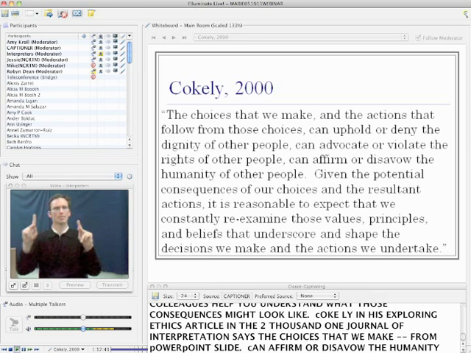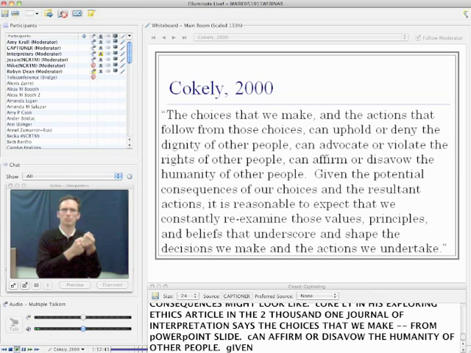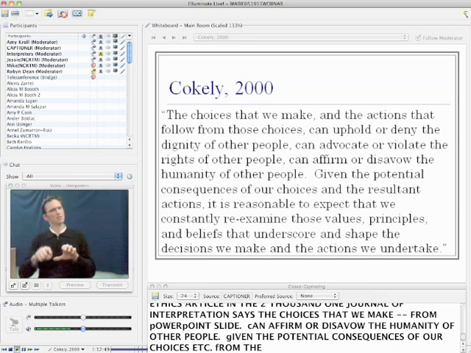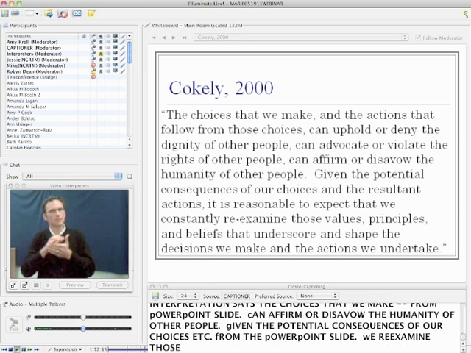Given the potential consequences of our choices and the resultant actions, it is reasonable to expect that we constantly re-examine those values, principles, and beliefs that underscore and shape the decisions we make and the actions that we undertake.